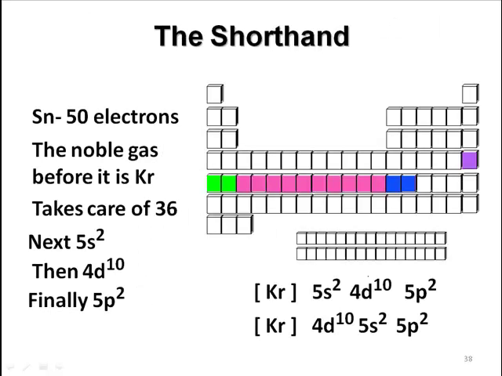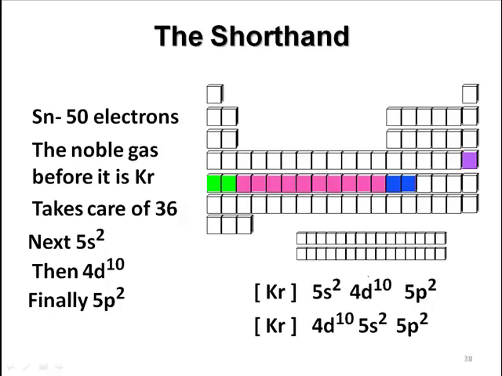Now, this here is another way of arranging it. The thing that's unique about tin is that it tends to have a positive 4 charge, or a positive 2. So it can either lose 4 or 2 electrons. But it has 14 here.